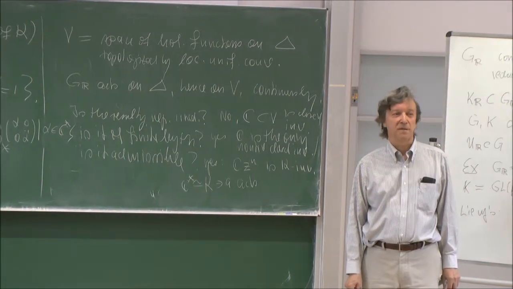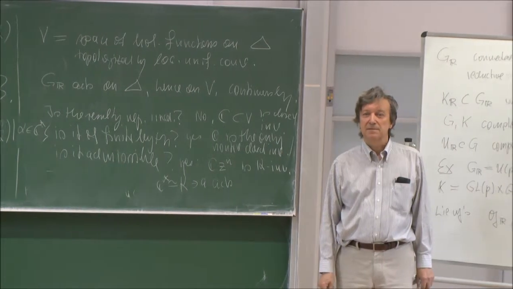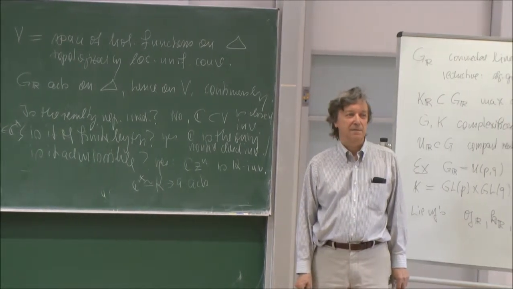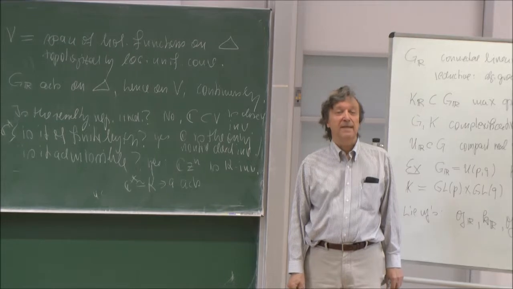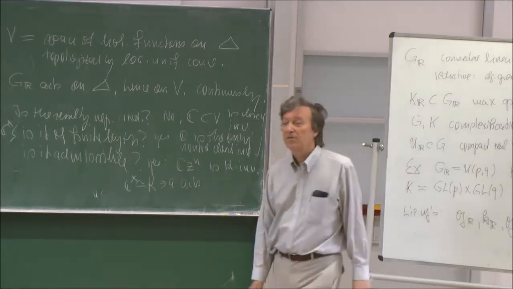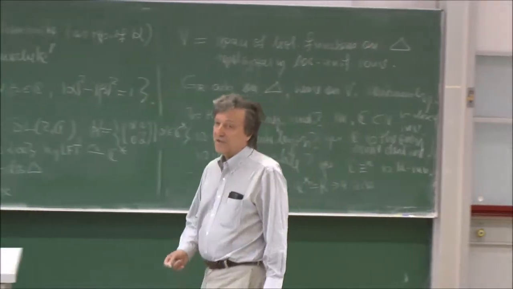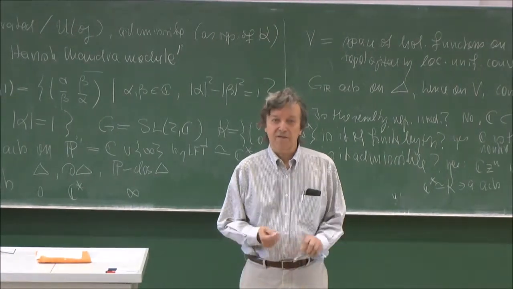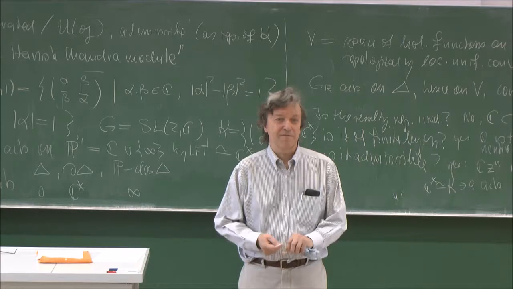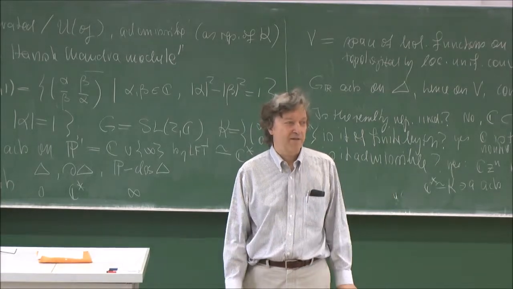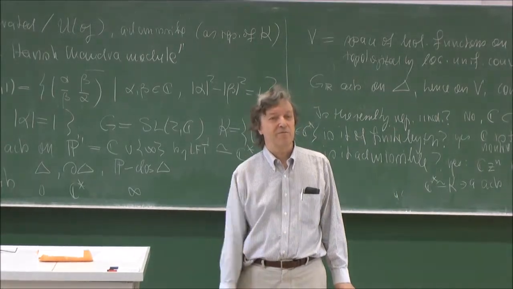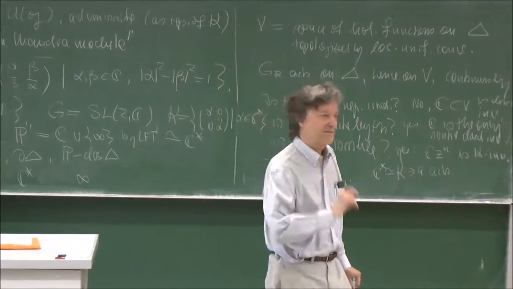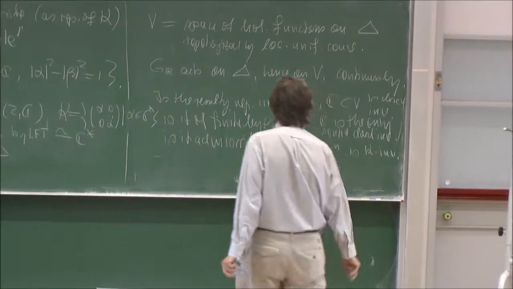It's a to the minus 2n, and why is that? Yes, because there is an action on the space and an action on the functions. The action on the space is covariant, the action on the functions is contravariant, so we have to put in the sign. Well, that's just a minor remark.